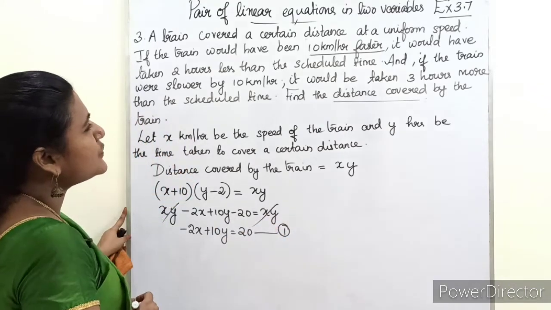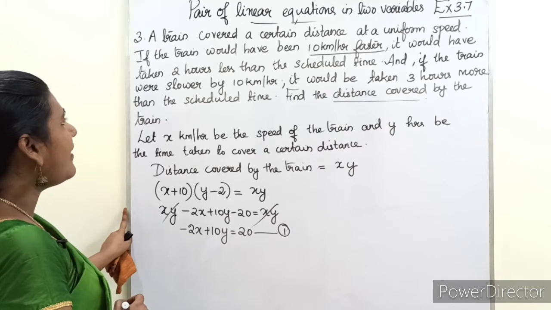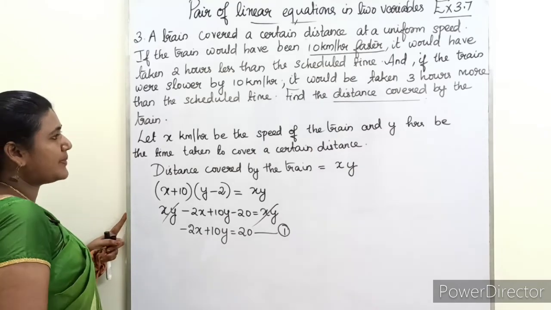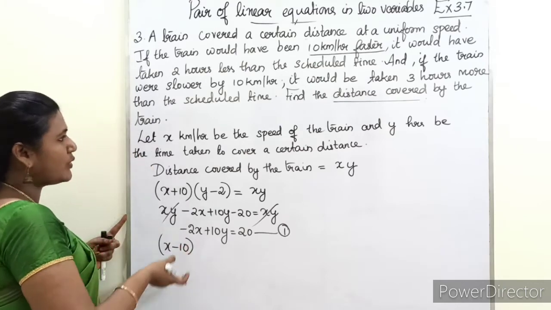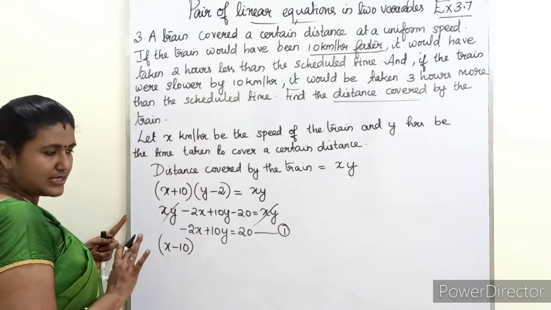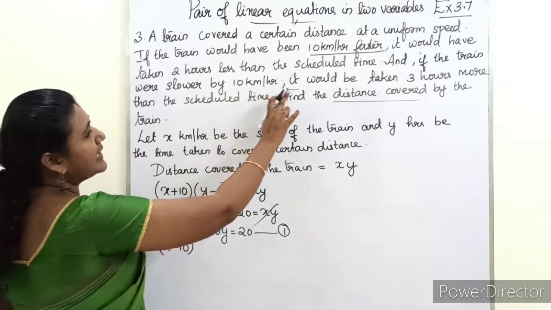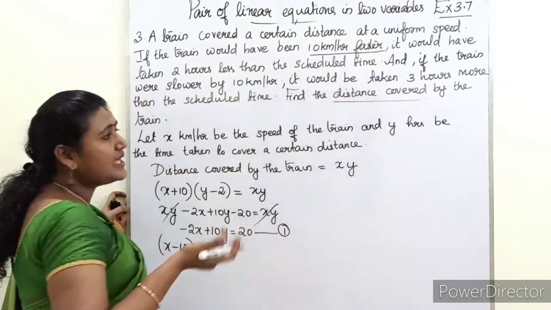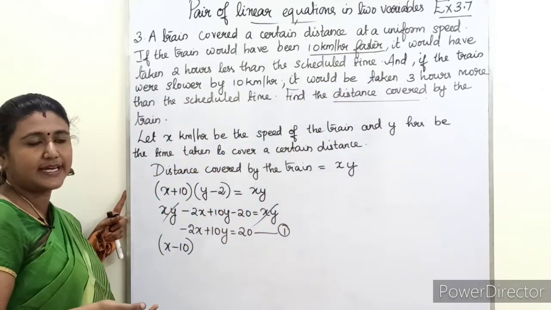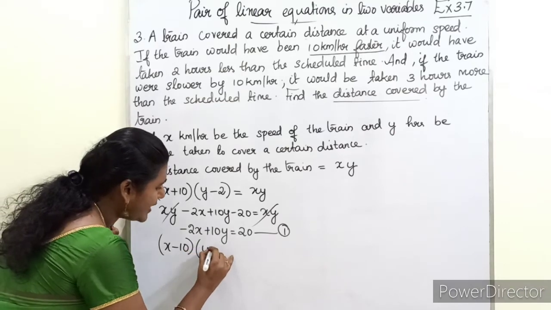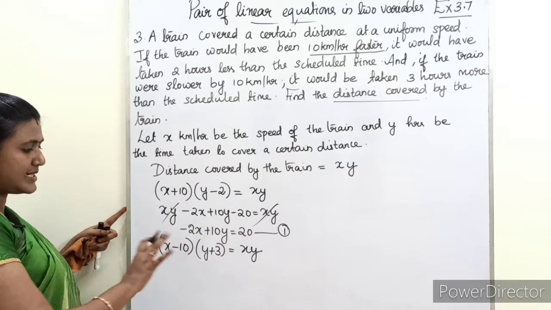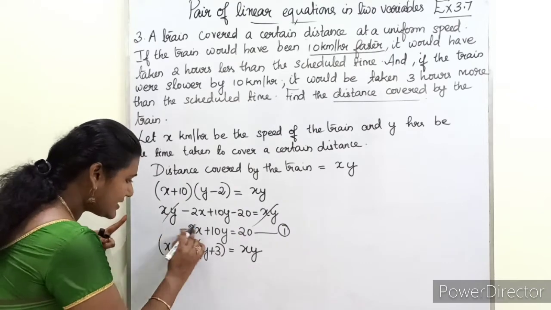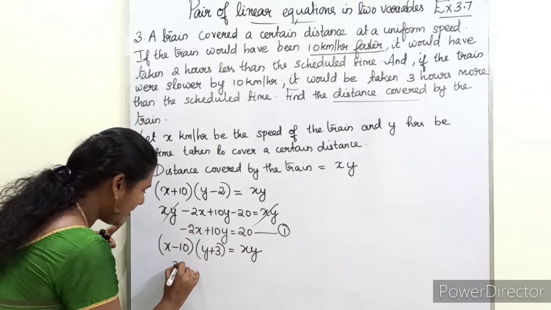Now the second situation is, if the train were slower by 10 km per hour, so if the speed is 10 km per hour slower than the actual speed, then it would have taken 3 hours more than the scheduled time. So the time will be y plus 3 and it will reach the certain distance, that is the distance xy. So this is our second equation. Now we will multiply.